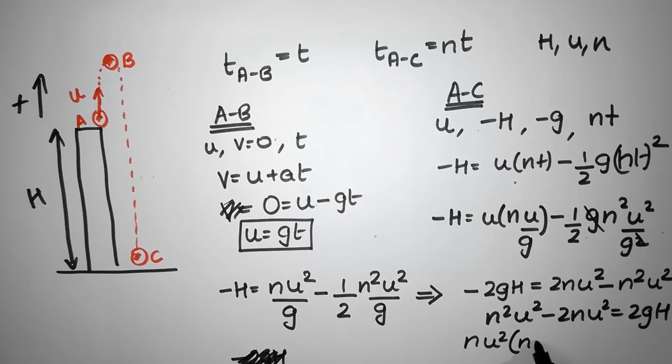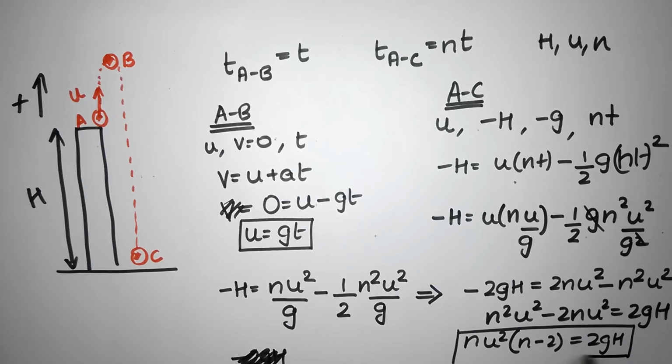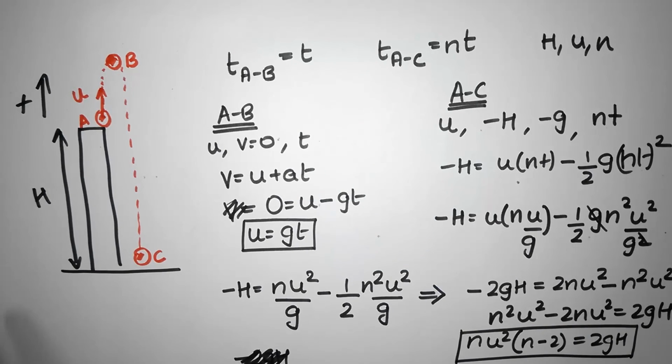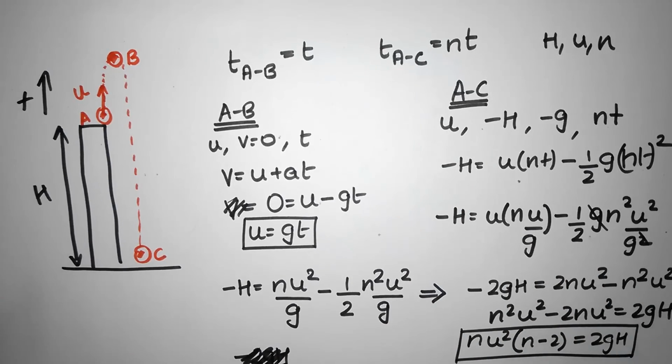I'll end up with n minus 2 equal to 2gh. That was actually the option given, so I was trying to reach that, but the physics was pretty much still here. Okay, so this was an average level problem, not too difficult. Anyways, see you next time.